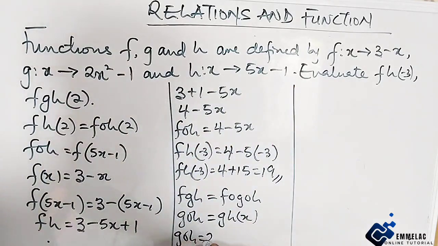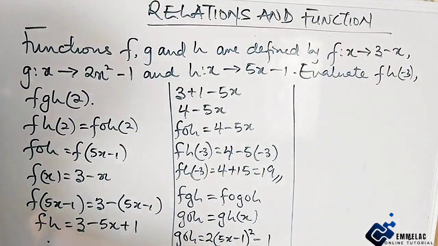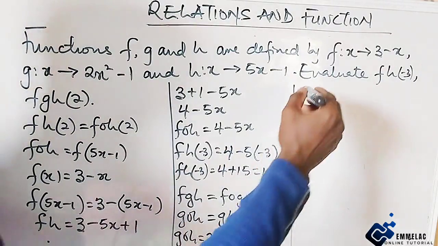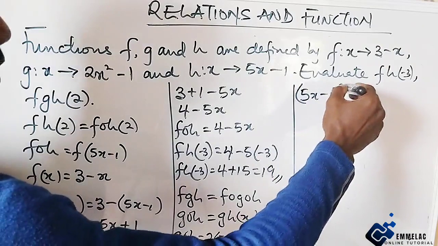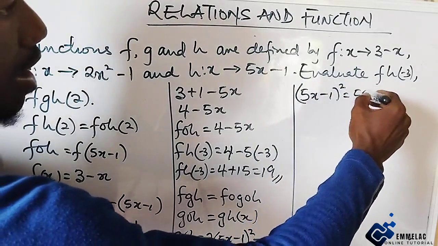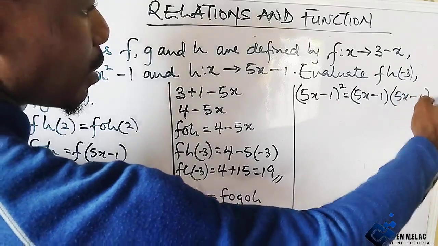So here you have 2 into (5x minus 1) all squared minus 1. Now moving further, opening this bracket, we have 5x minus 1 all squared, which is the same thing as saying 5x minus 1 into 5x minus 1.